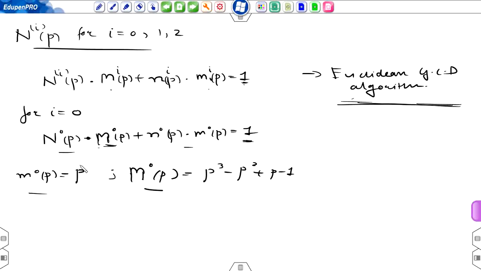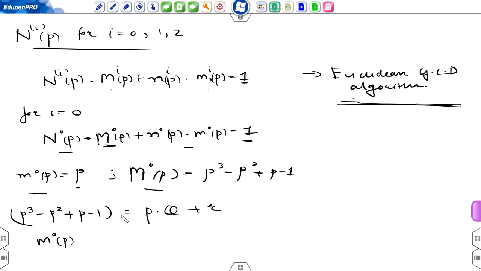Okay, so now this value, that is capital M0(p), p cube minus p square plus p minus 1, can be represented in a form of m0(p) dot some quotient. If I divide this by p, I will have some quotient plus remainder.